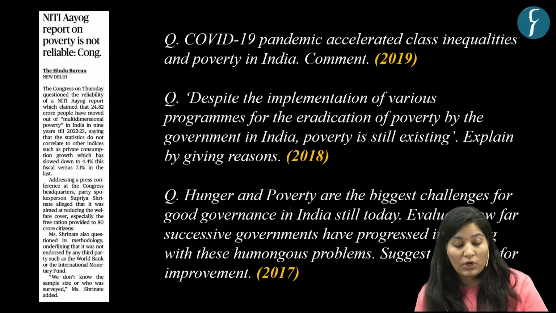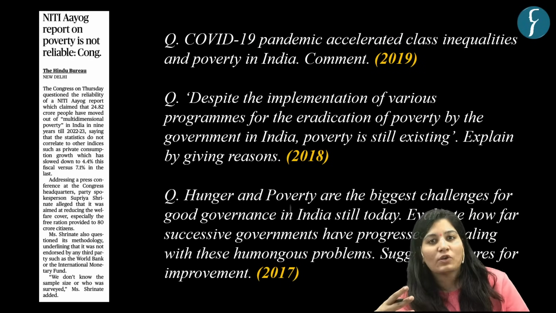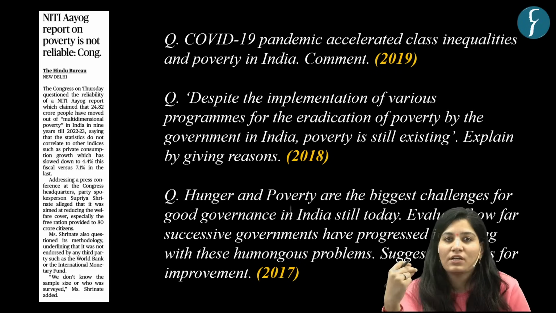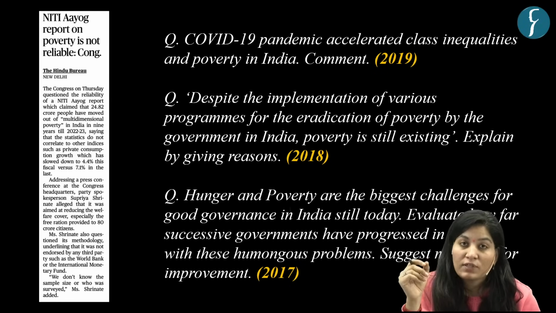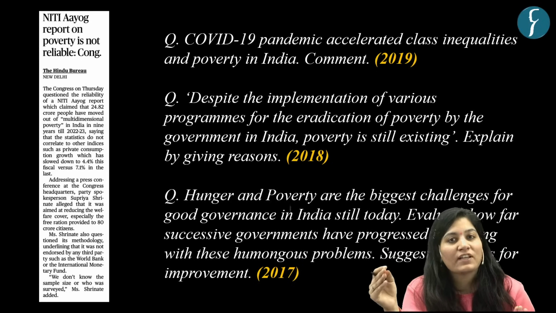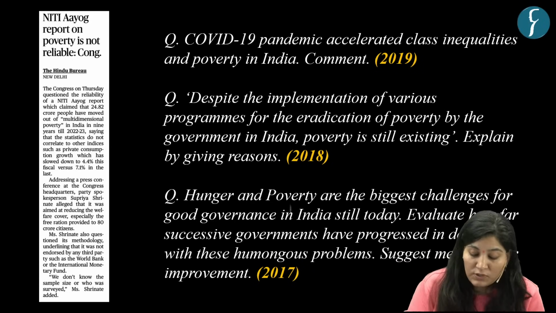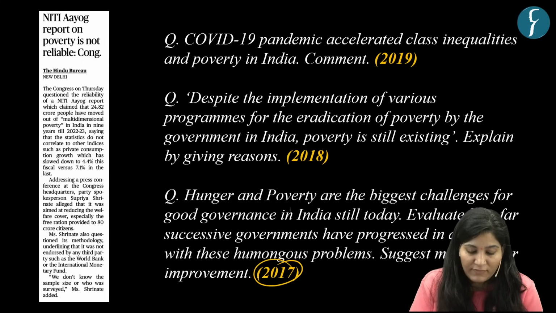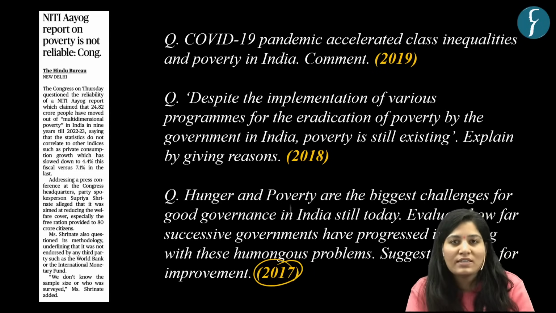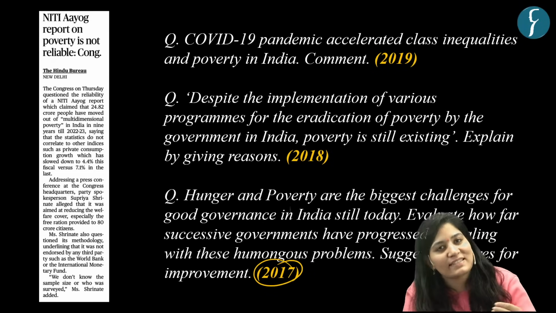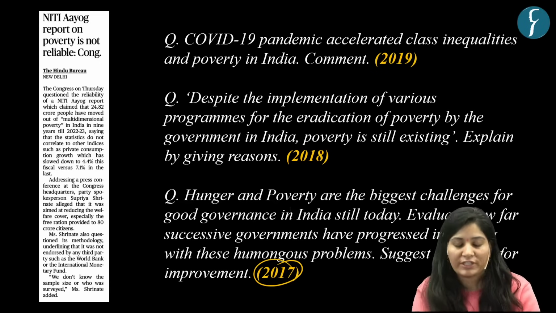Second, UPSC has been asking questions based on important aspects related to poverty. There was a question based on the relationship between hunger and poverty which came in year 2017. Then there was a question which reflects the inverse relationship between government schemes and poverty.